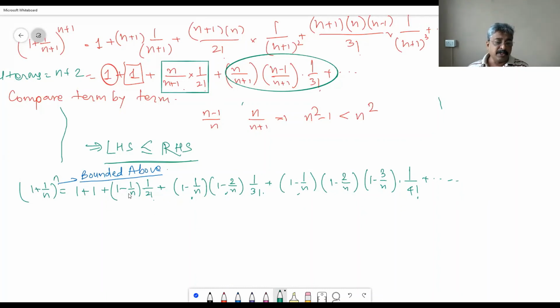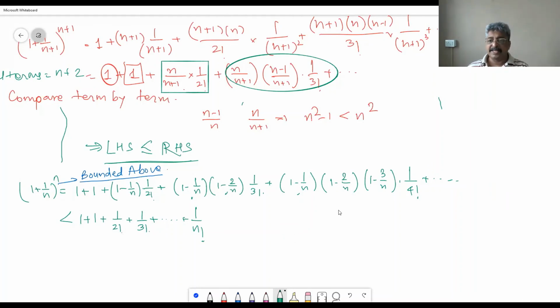And therefore if we consider all those brackets to be 1, then this quantity is going to be less than 1 plus 1 plus 1 upon 2 factorial plus 1 upon 3 factorial plus dot dot dot plus 1 upon n factorial, as n tends to infinity. Is that correct?